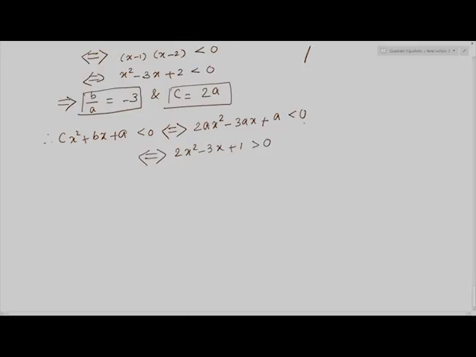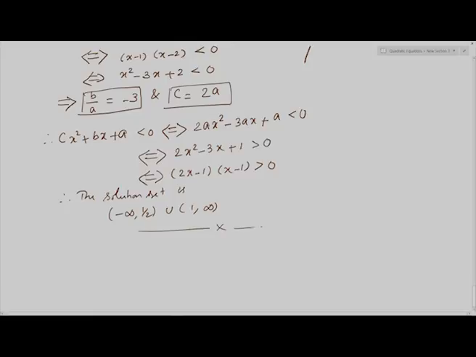Now I can factorize this ordinary quadratic inequality: 2x minus 1 into x minus 1 greater than 0. Using the sign graph, both the terms have to be positive or both have to be negative, so that the product will be positive. Therefore, the solution set is from minus infinity to half, union 1 to infinity.